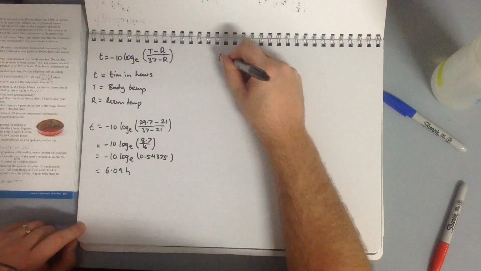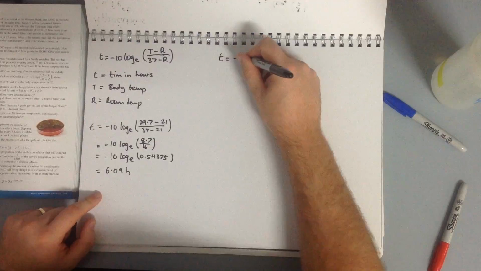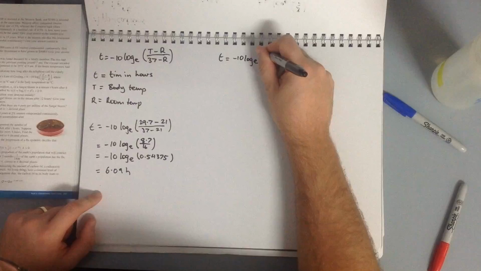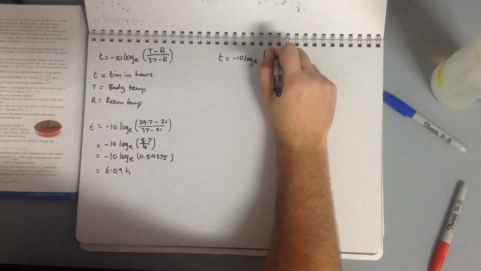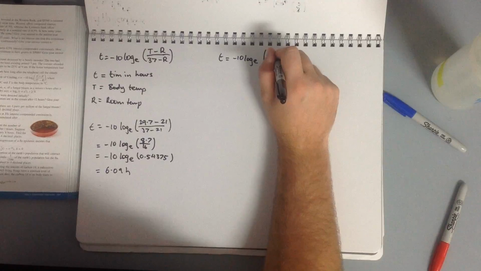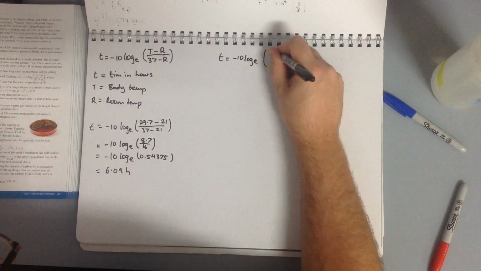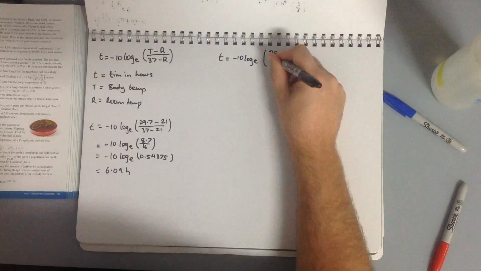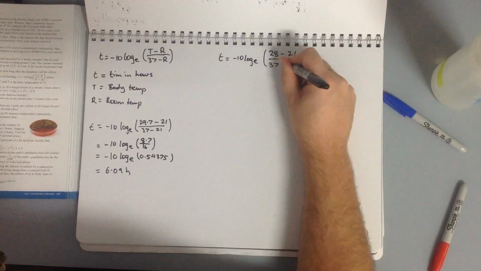So t equals negative 10 log to the base e. Our other temperature was, let me just double check here, 28 degrees, minus our 21, over 37 minus 21.